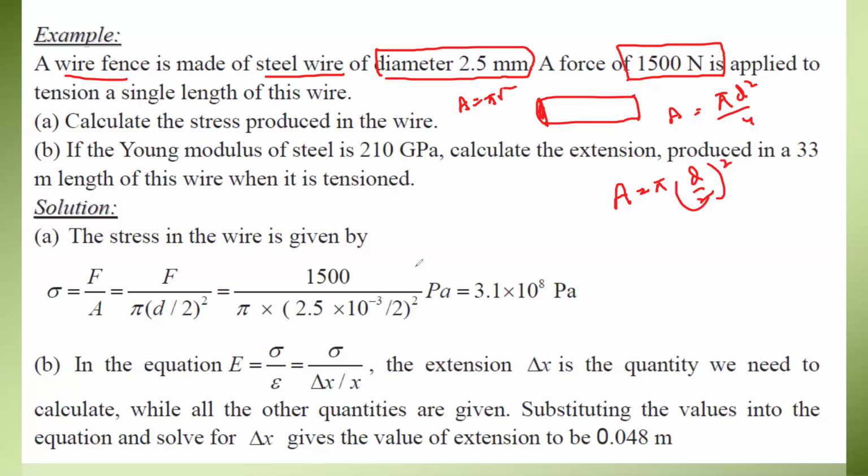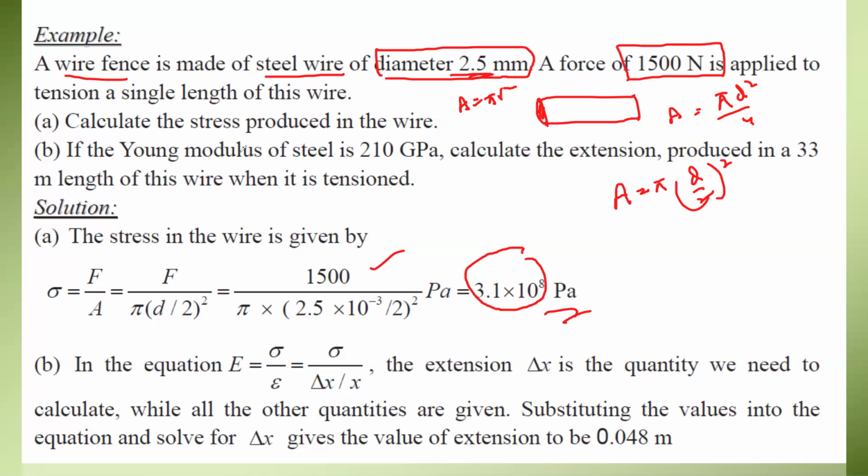The force applied is 1500 Newton, pi is there, and the diameter is 2.5 millimeters, so I have to convert into meter. That's why it is divided by 1000, or 2.5 exponent minus 3 divided by 2 and then square. What we get is 3.1 exponent 8 Pascal.